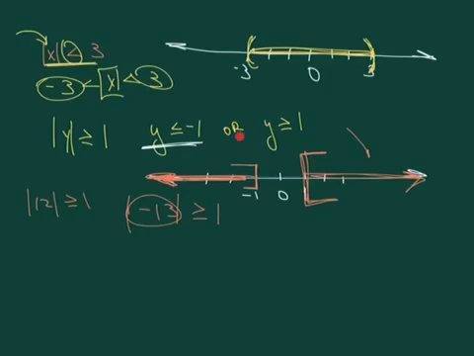The or part of the whole thing. Because if this is a number greater than 1, it's got to be all the numbers over here, but we also have to remember that it also includes all the negative numbers from negative 1 into infinity, because when we take the absolute value, we get a positive answer.